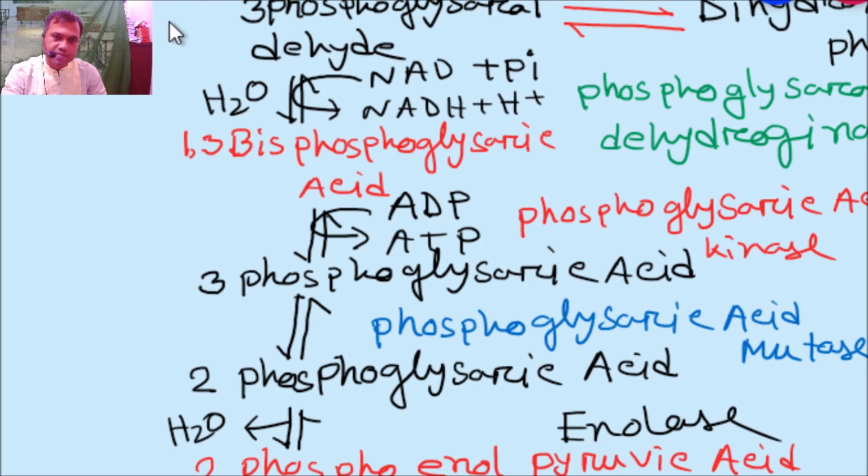Total ATP production in the glycolysis process will be 6 plus 2, that is 8 molecules. In this way, we can easily calculate the number of ATP in the glycolysis process.